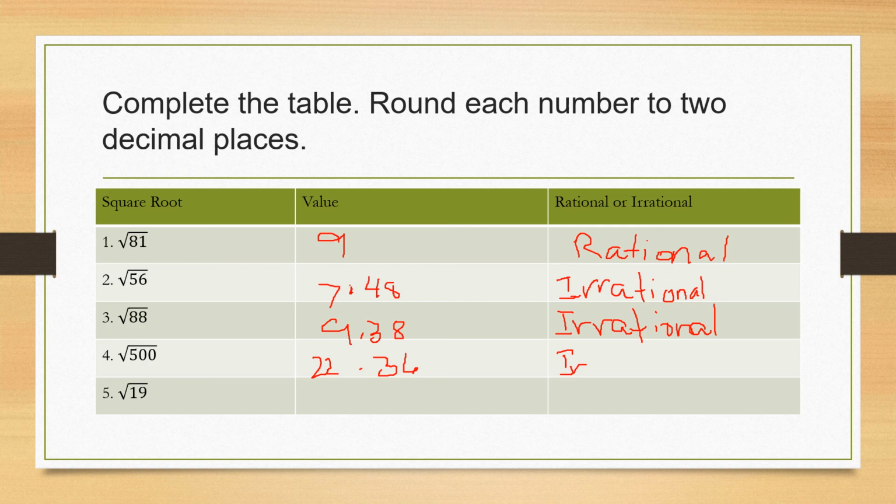The square root of 19 is 4.3588989. If we're going to write two decimals, it's only 4.36. And this is also an example of an irrational number. Alright? Any question? Okay, so be sure you are ready to answer the modules on the worksheets for this.